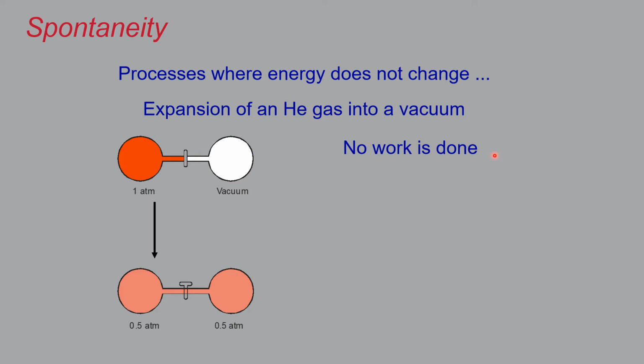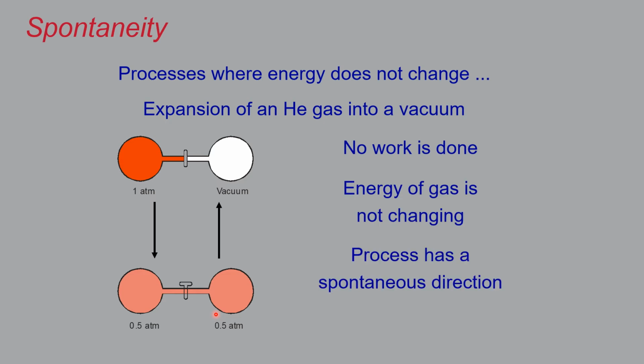because there's a vacuum. But clearly, this process has a direction of spontaneity because what no one has ever observed is the reverse process, which would be taking a 2-bulb system with half an atmosphere of helium on both sides and having them spontaneously go to one side or the other.